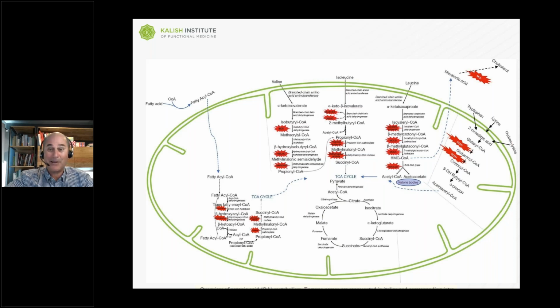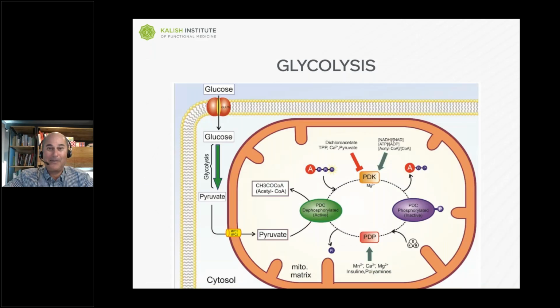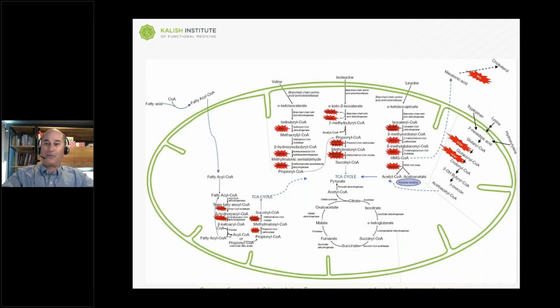And there's a lot of science behind this, and we're not just making these things up. This is basically how your mitochondria work: you're pulling in energy from carbohydrates and fats primarily, and then turning it into ATP, okay? And this can get screwed up in a whole wide variety of ways. When we look at the test, we're measuring all these different pathways within the citric acid cycle. You're measuring each one of these steps, okay?